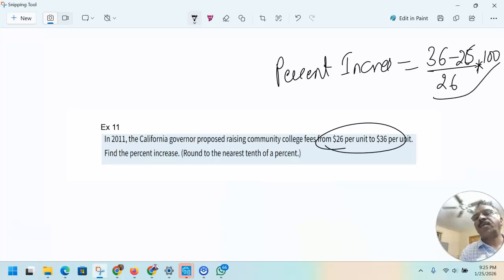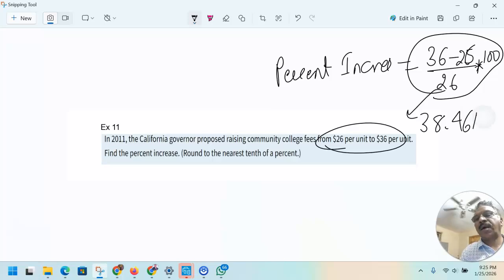At the end, put this whole thing in the calculator and you will get the answer directly: 38.4615, straight away. And then you just put percent. This is a shortcut without many steps.